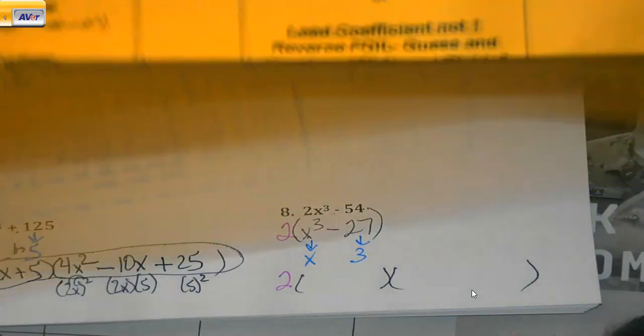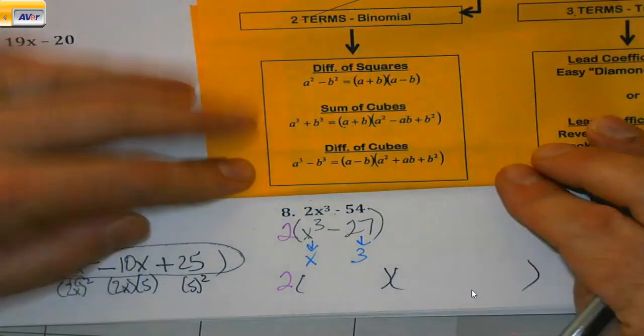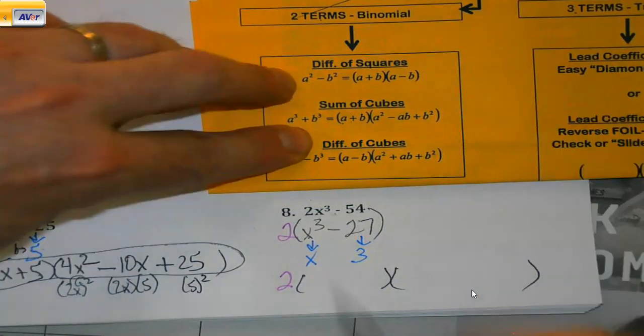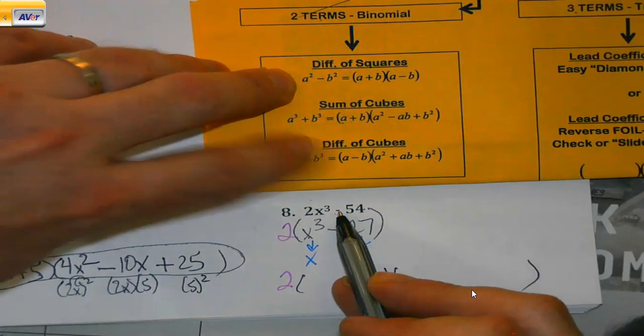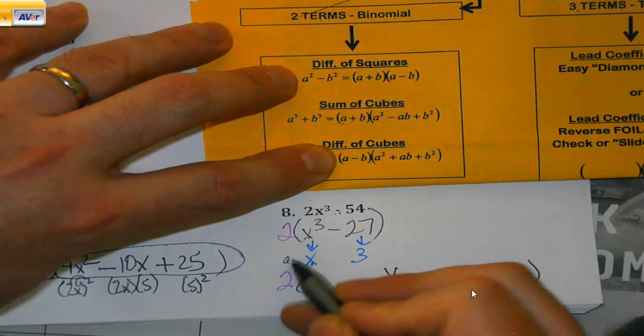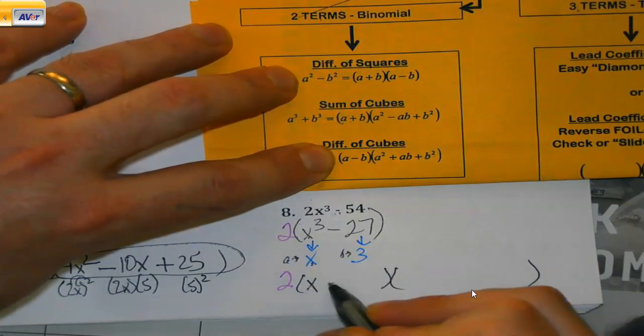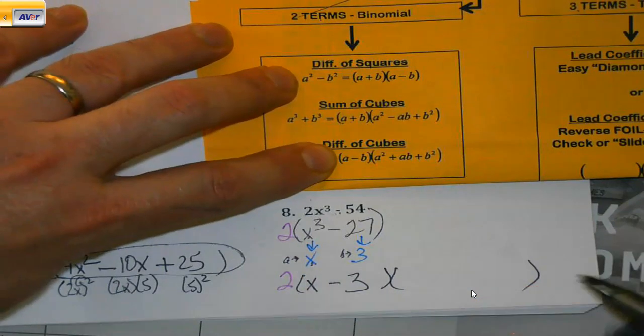And this time, though, more folding for Hardy to do, just a sec here. This time, we have a difference of cubes because minus is in the middle. So I'm going to follow this pattern. There's my A, there's my B. So A minus B.